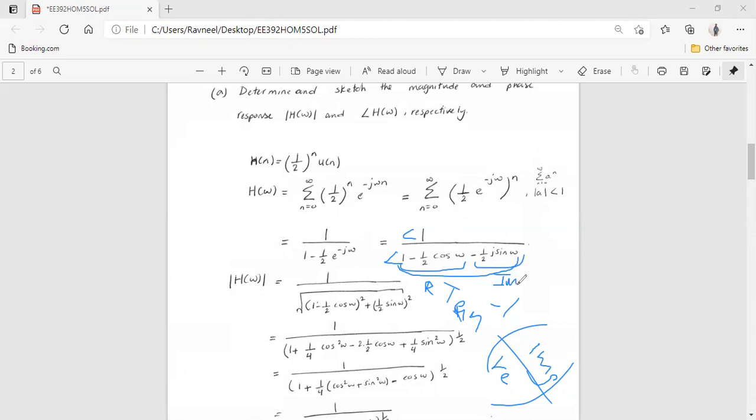I hope everyone gets this, right? This is basic simple mathematics that we have learned in our Form 7 maths, right? So that's how we evaluate this, and that will be our phase response. So basically, whatever angle we get over here, that is tan inverse of half sine omega divided by 1 minus half cos omega, right? And the negative value of that, right?